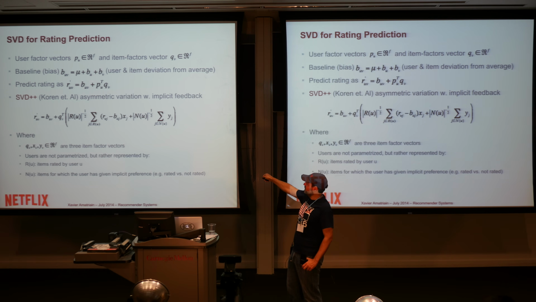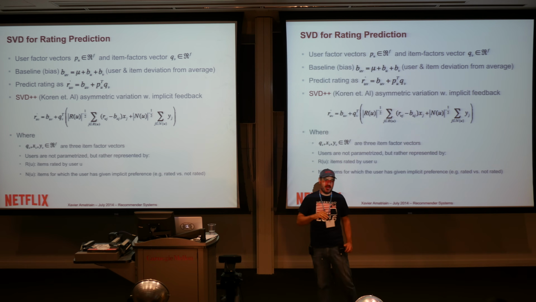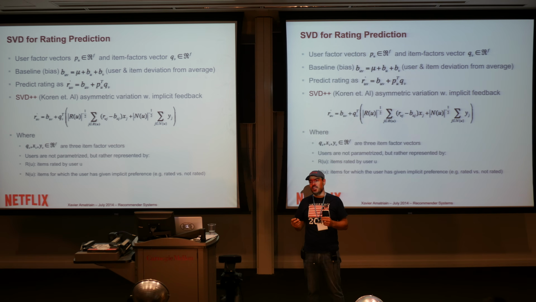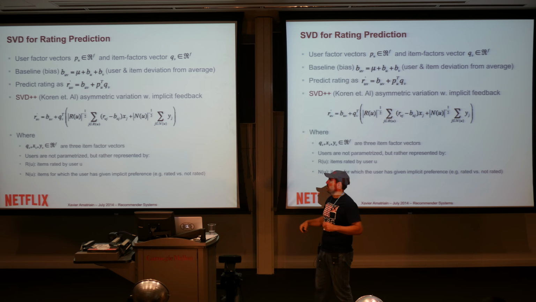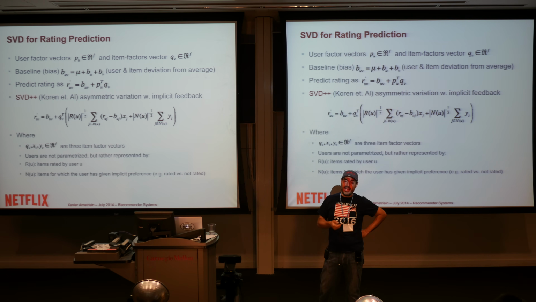We add a bias or a baseline, and that's also related to something that I mentioned before, which is that we usually have an average, which will be the item average or the user average. And whatever we compute, for example, in the case of the nearest neighbors, we were subtracting the item average from all the neighbors and then adding that delta. Here is the same thing. Basically, we have a baseline which includes the user and the item deviation from the average of that item.